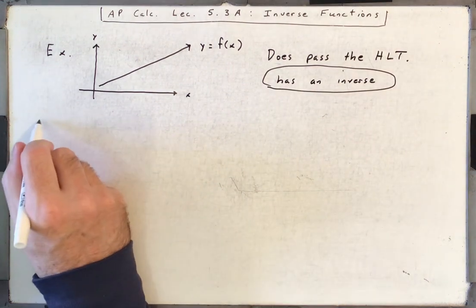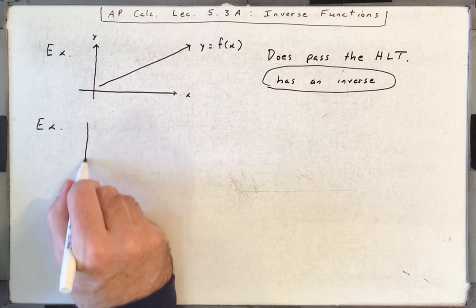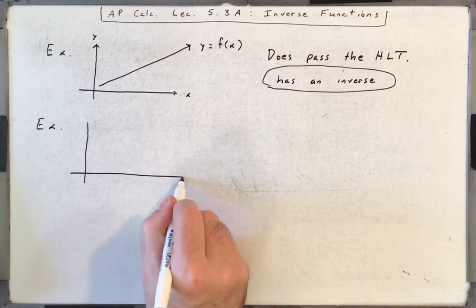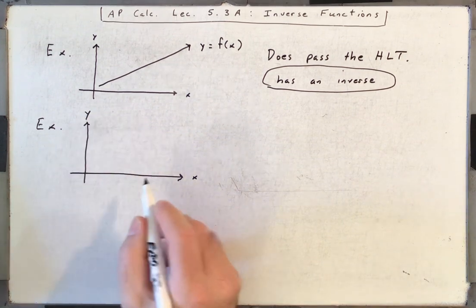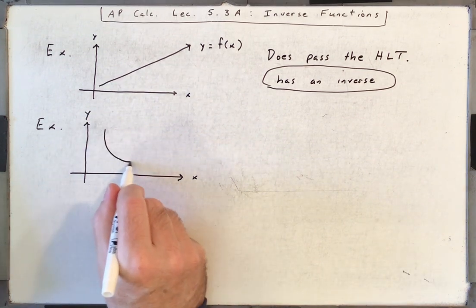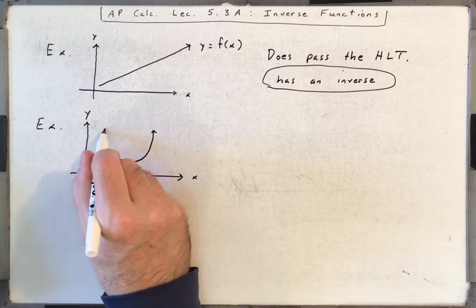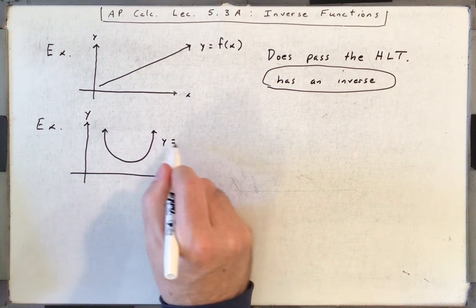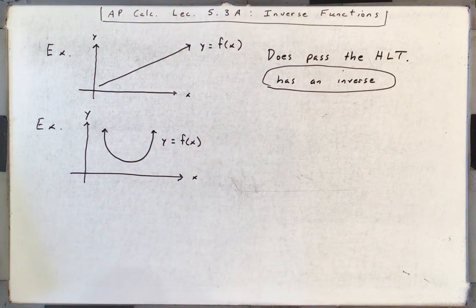All right, our next example. Well, I'm going to draw a good old-fashioned parabola. We have y equals f of x there. So does that pass the horizontal line test?